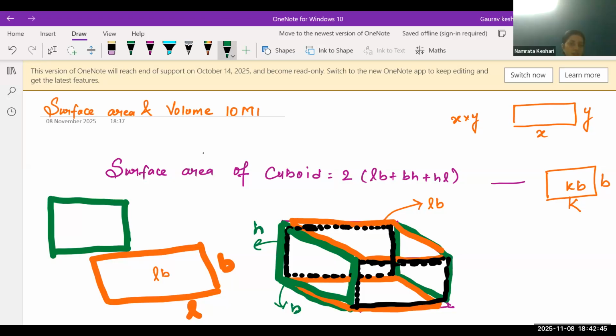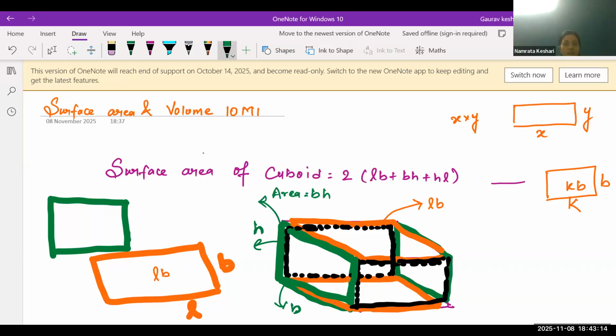One of the sides is B, another side is H. The way you say if one of the sides is X, another side is Y, area is X into Y, and if one side is K, another side is B, area is K into B, similarly here, if one of the sides is B, another side is H, area will be B into H. Making sense?